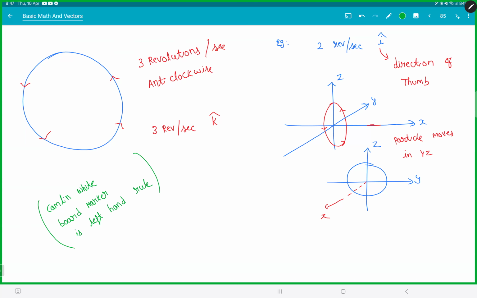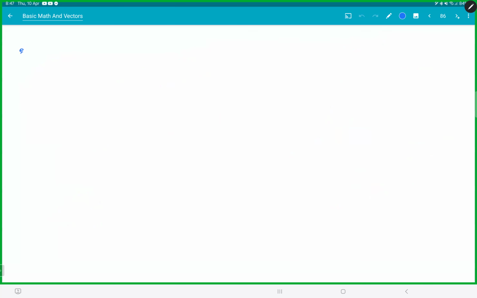Are the directions clear, everyone? Let's take a few more examples. You tell me what are the directions. If I say something is rotating 3 revolutions per second j cap, how will you draw this? So this is x, let's say this is y, and this is z.